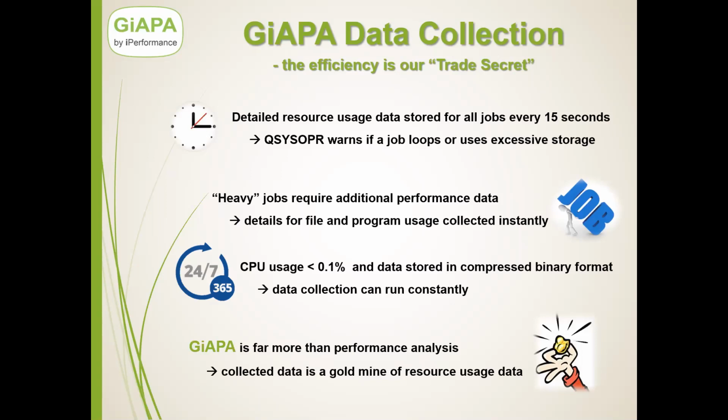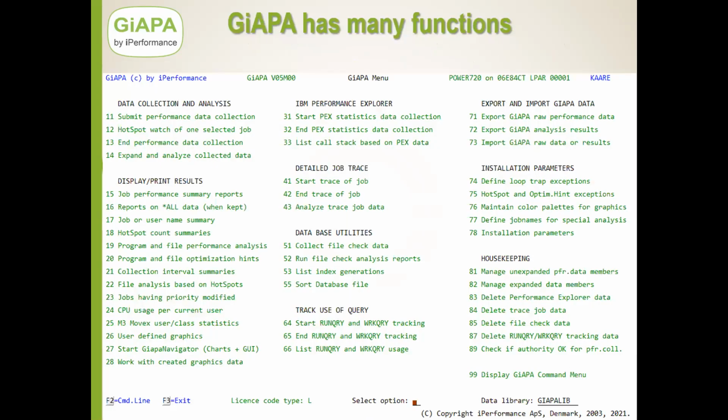Automated performance analysis was GiAPA's original objective, and that requires very detailed data. The result is a true goldmine of resource usage information, useful for much more than program optimization. Back in 2003, when GiAPA was originally designed, the GiAPA menu only had a fraction of the current number of options.